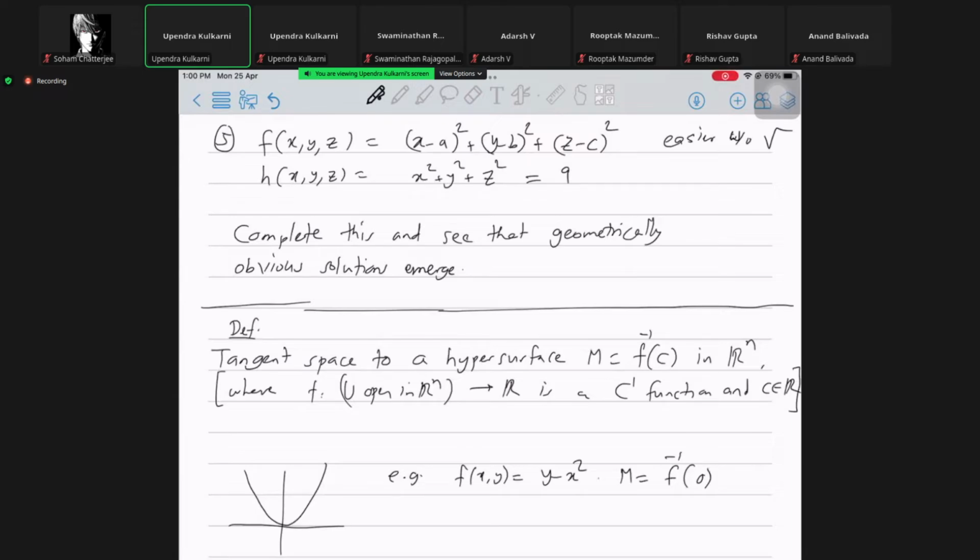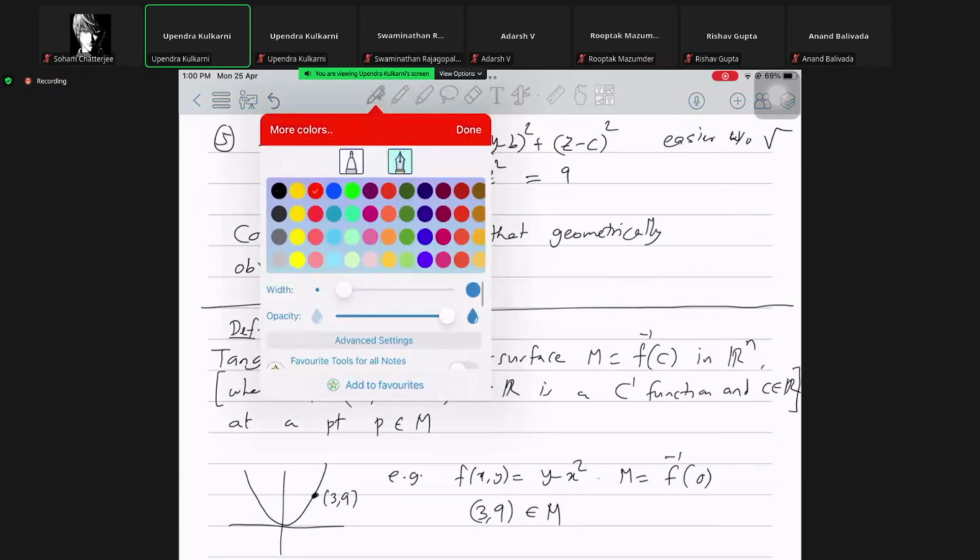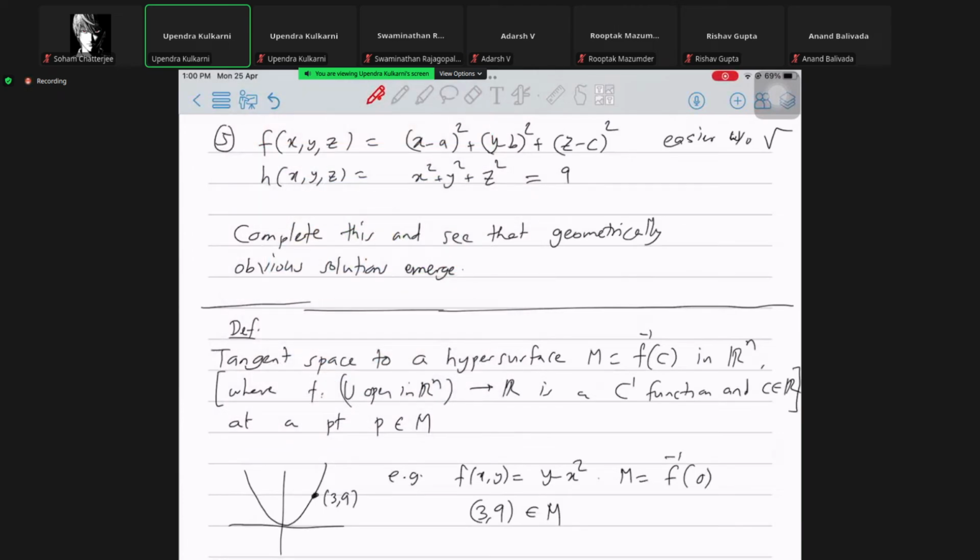Of course, there are lots of tangents, right? So at a point P, let's take a nice point here, let's say 3,9. So what do we want this tangent space to be? And the answer is, well, we know what it should be. It should be this nice line. But our definition is going to be slightly different.